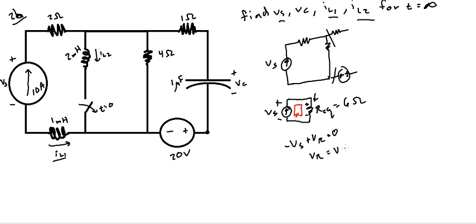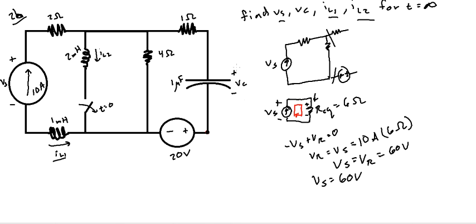VR equals Vs, which equals the current, which is given as 10 amps because we have a source, times the equivalent resistance, which is 6 ohms. So VR is 60 volts. So Vs equals 60 volts. Piece of cake.